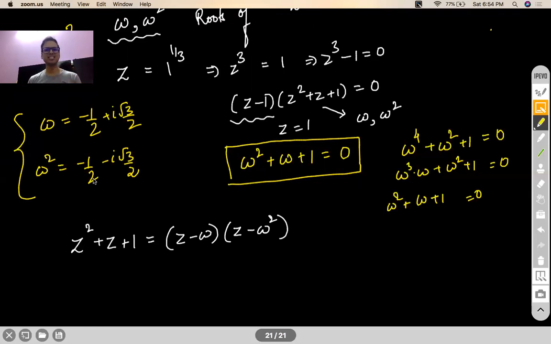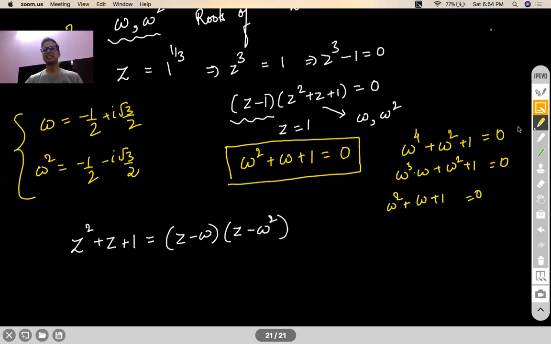So unless I say this square bracket is a GIF, a greatest integer function, don't start using it as such. In the same way, unless they say omega is a complex cube root of unity, don't start taking omega as minus half plus i root 3 by 2. Many people, whenever the question says there is a complex number omega, automatically think it's a complex cube root of unity. No, unless stated, do not take it to be so.